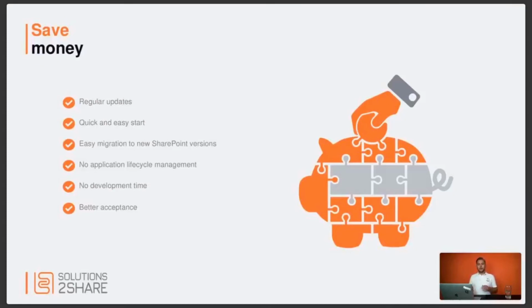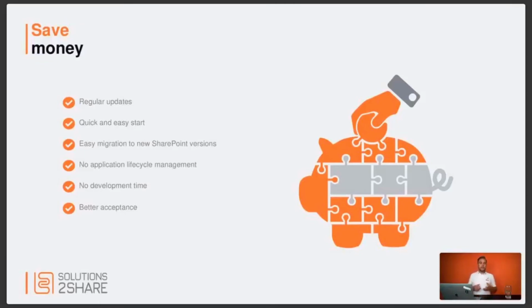And as you saw, I showed you how to start with that solution in about a day. And of course, that is only a demonstration, but you can really start quickly, like 1 or 2 days. And I showed you what a normal plan to implement it in your environment looks like. So you don't have an application lifecycle management.